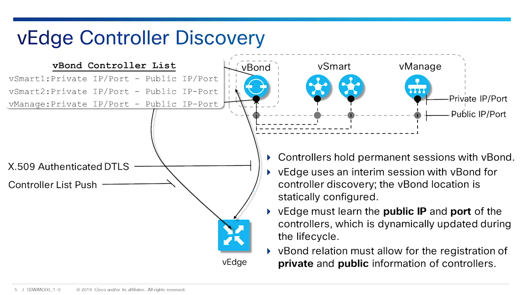Each vBond has a persistent control plane connection in the form of a DTLS tunnel, and each vSmart controller has a temporary DTLS connection to each vEdge when it comes online. They are then authenticated via that built-in certificate and then pointed to their vSmart controller. So the vEdge boots up, finds its vBond, then gets a list of vSmarts to connect to. Super easy, barely an inconvenience.